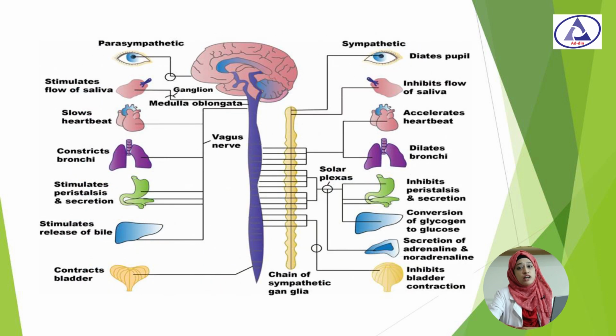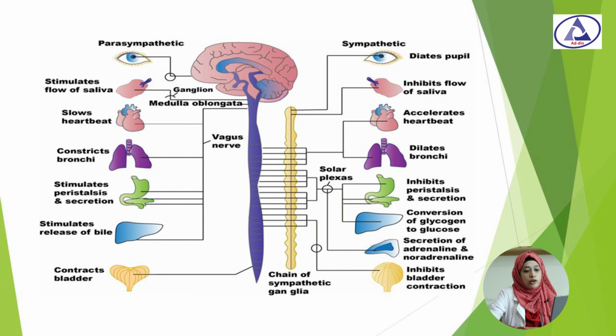This figure shows the function of parasympathetic and sympathetic. Parasympathetic function: on the eye, constrict the pupil; on the salivary gland, stimulate the flow of saliva; on the heart, slow the heartbeat; on the bronchi, constrict the bronchi; on the stomach, stimulate peristalsis and secretion; on the gallbladder, stimulate the release of bile; and on the bladder, contract the bladder.